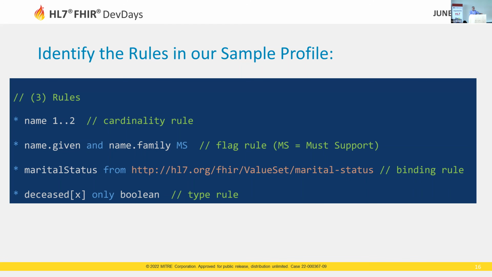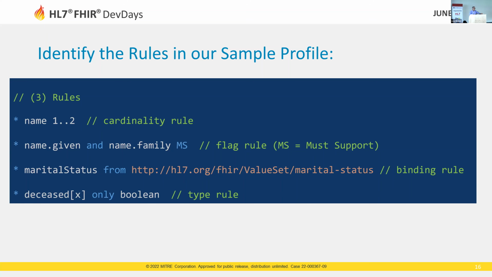And we can go back to that example of a simple profile and say, all right, what were those rules that we quickly went by? So the first rule, name 1..2, is a cardinality rule. It's setting the upper and lower cardinality, the number of repeats that you can have for name. The second rule is a flag rule, where MS is must support. So we're saying that the given name and the family name are must support elements.